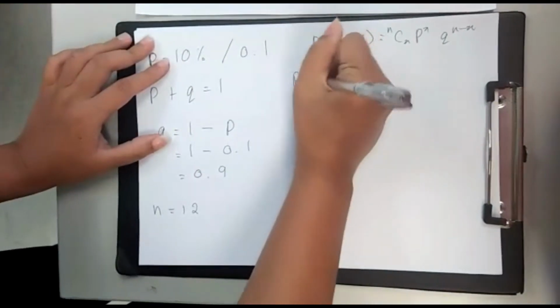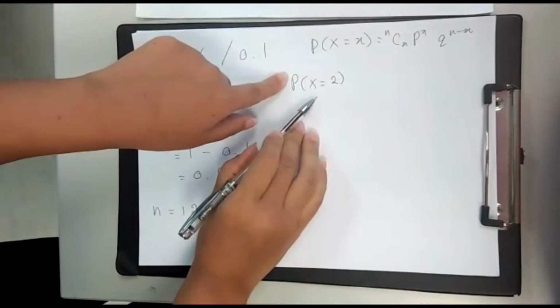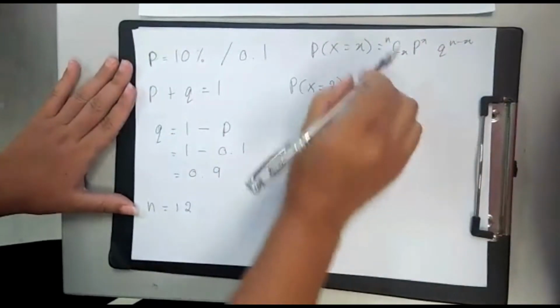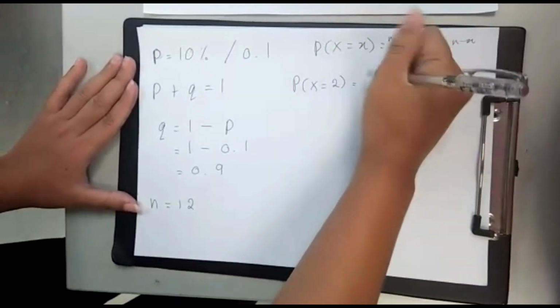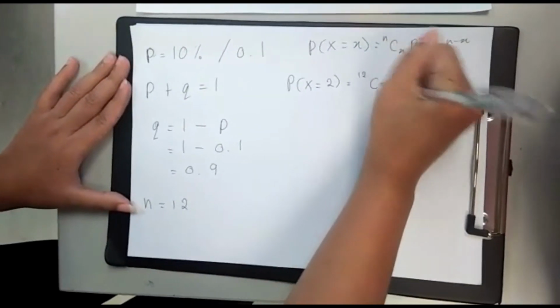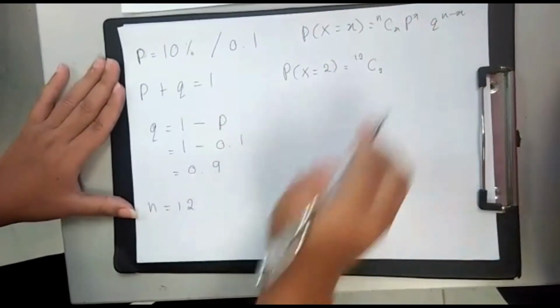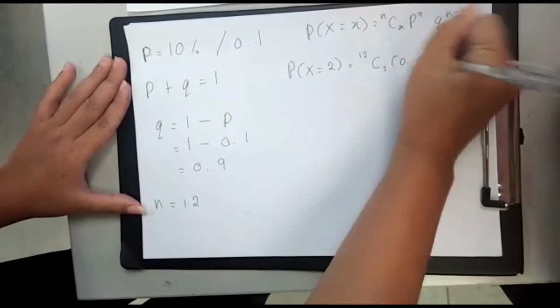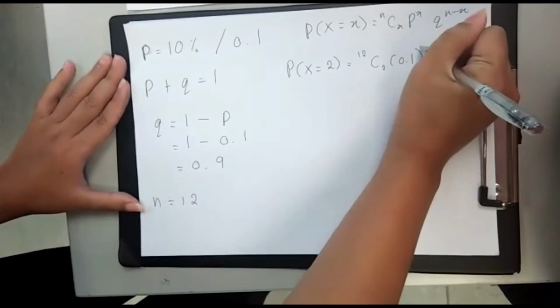So, when we apply the formula, this is how we apply our random variable. Next, we put in our value of n and value of the random variable. The value of n is 12, and the value of x is 2. The probability of success is 0.1 to the power of x, that is 2.